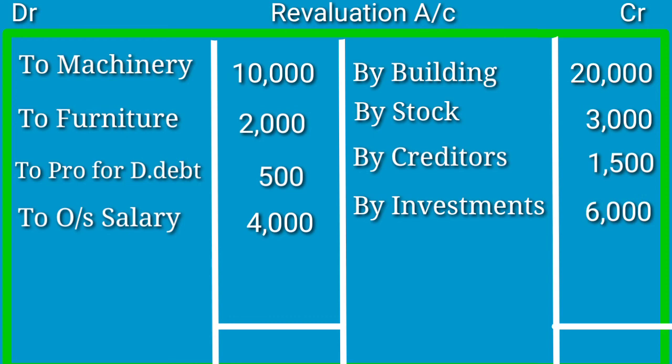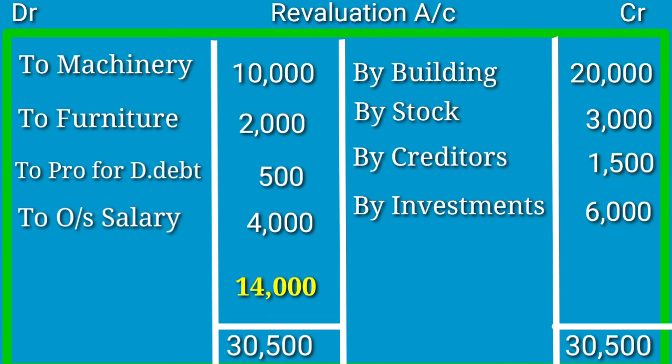Now we can total both sides. Here the credit side has the larger amount, that means the profit side is more. The total amount on the credit side is 30,500, so we write 30,500 on both sides, and the difference, 14,000, is the net profit. This net profit is transferred to the old partners only, not the new partner, in the old ratio.